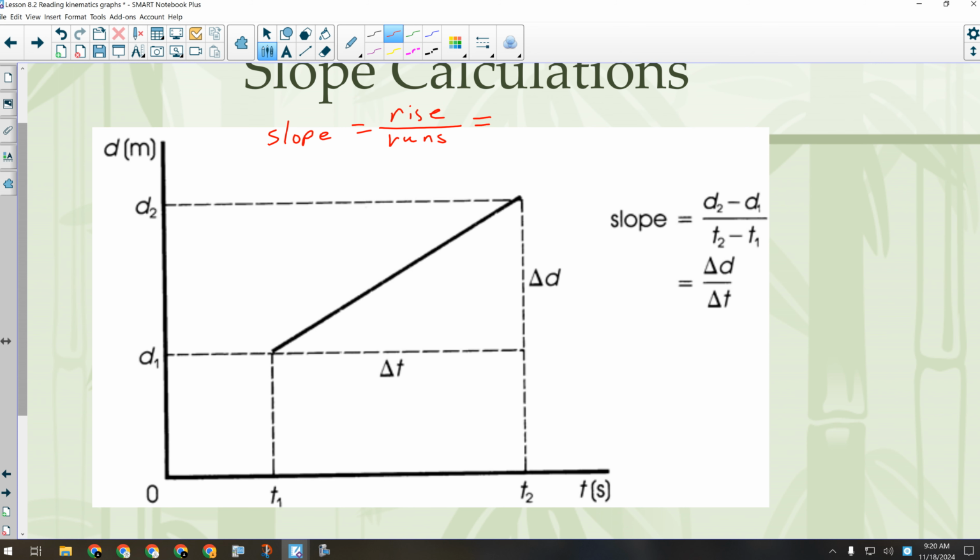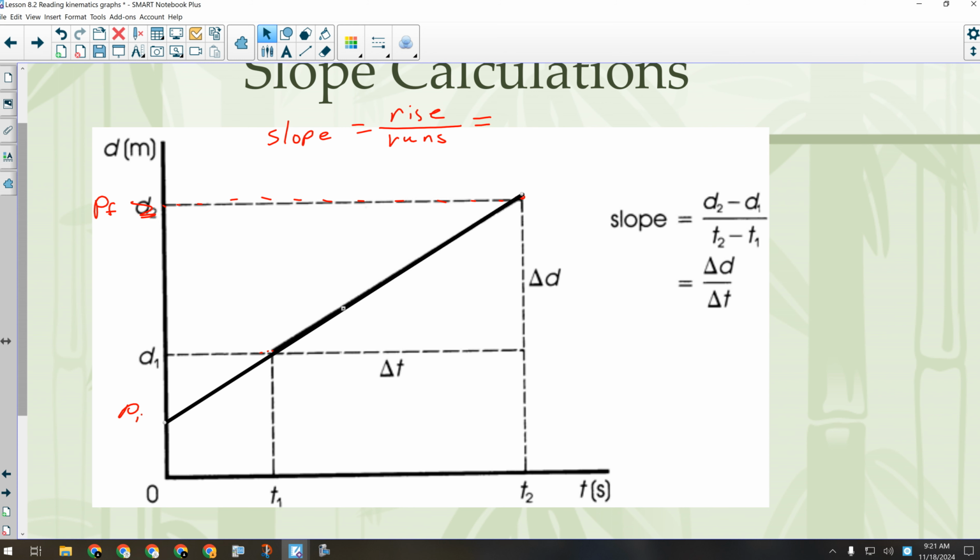So on this graph, if I wanted to calculate the rise, I would take this value here, that would be my final position, and this will be my initial position.